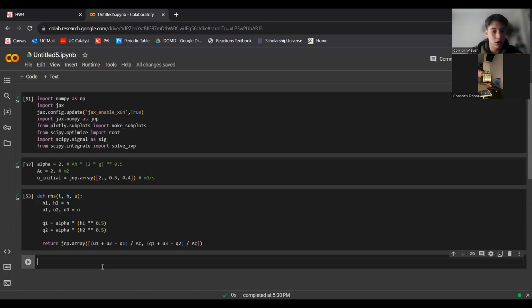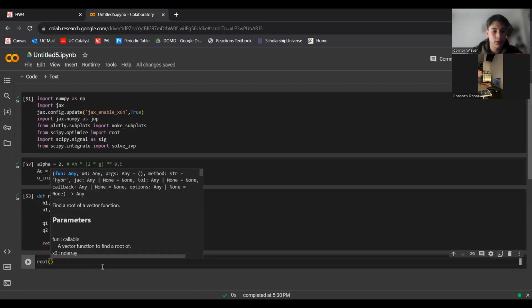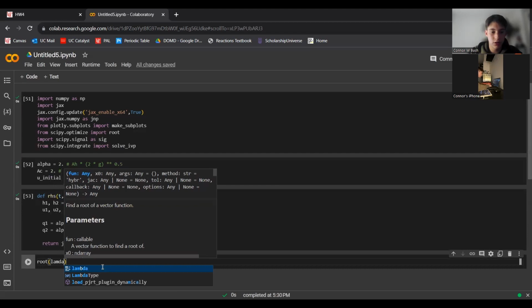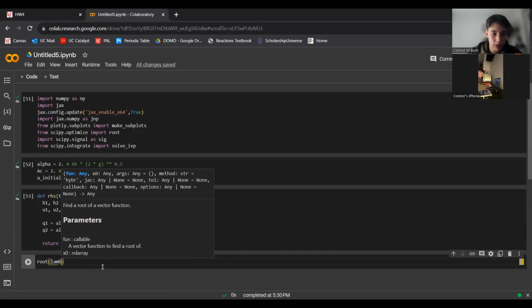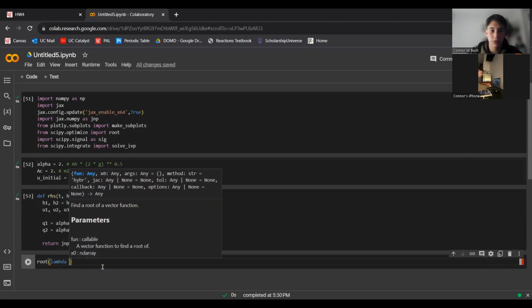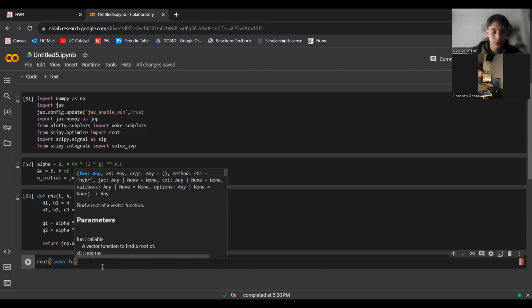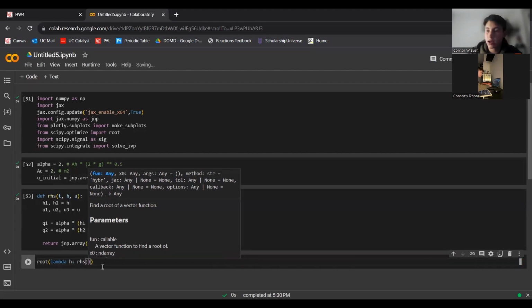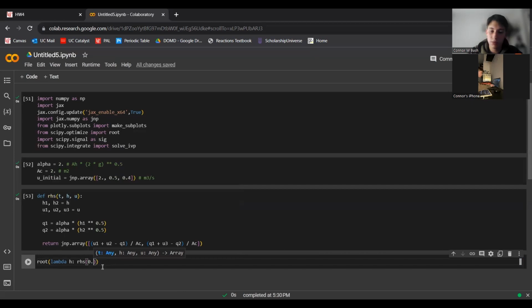So using the root solver, we're going to call the lambda function to fill in the anonymous variable for H. We're going to call the right hand side function. We're going to input 0 for time, leave H as H, and then we do have our U initial vector.